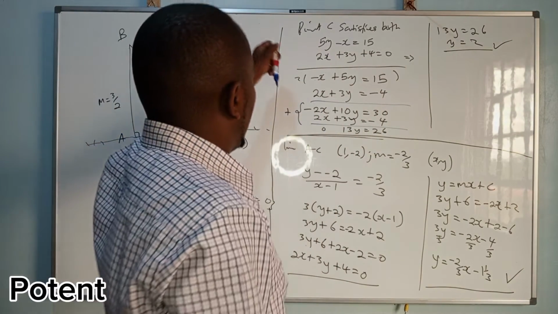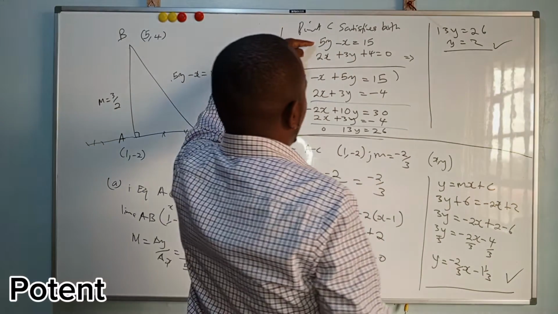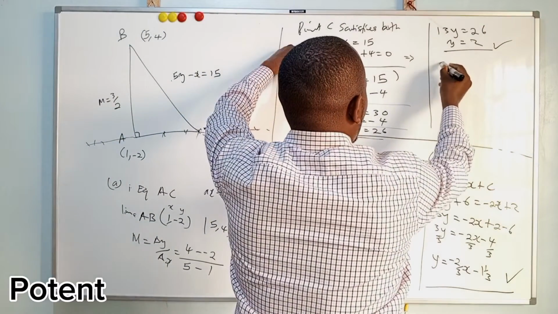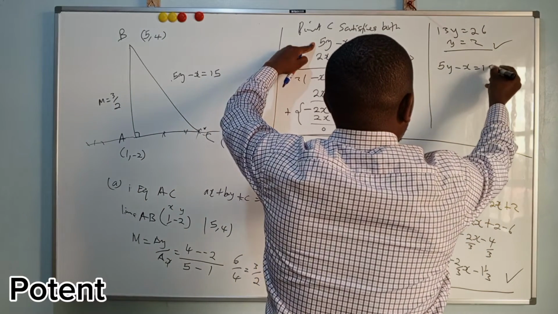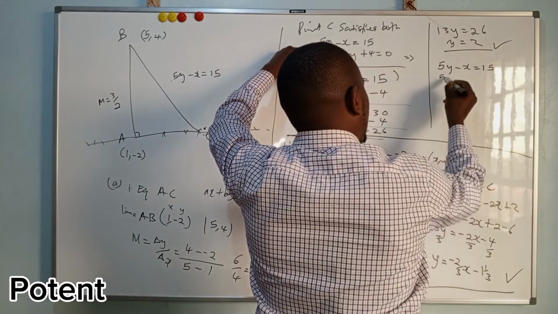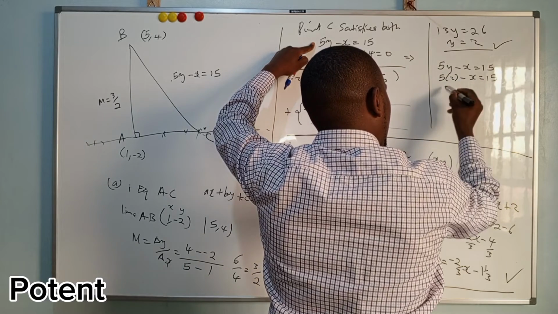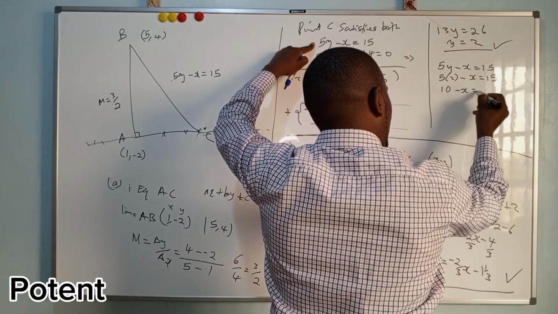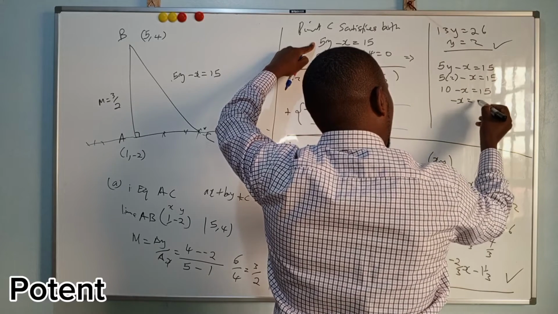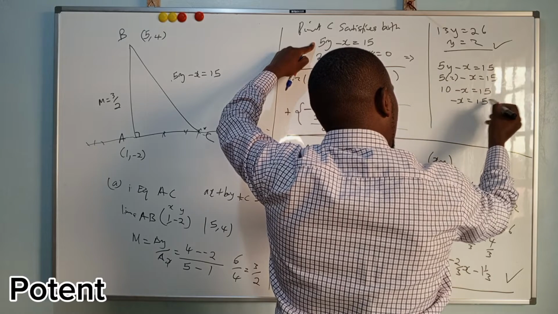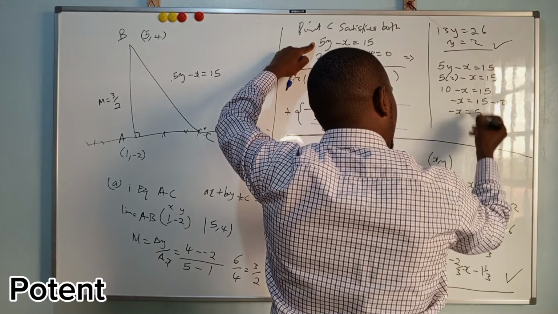Now you can replace in either equation. So let us replace here. You have 5y minus x equals 15. So 5 times 2 minus x equals 15. This is 10 minus x equals 15. Negative x equals 15 minus 10, so negative x equals 5.